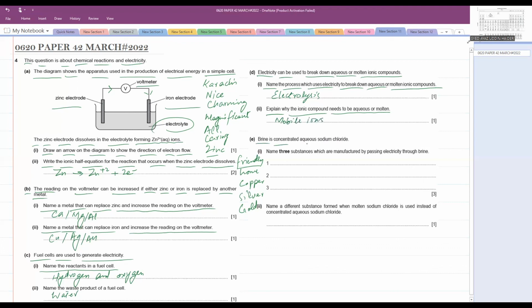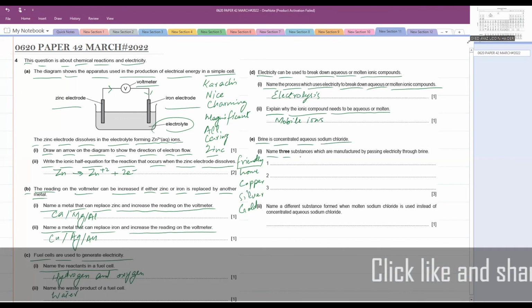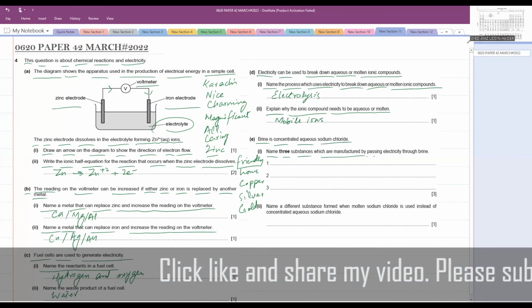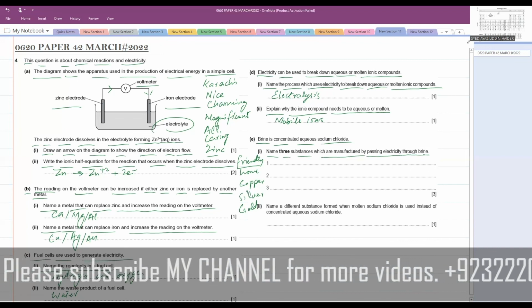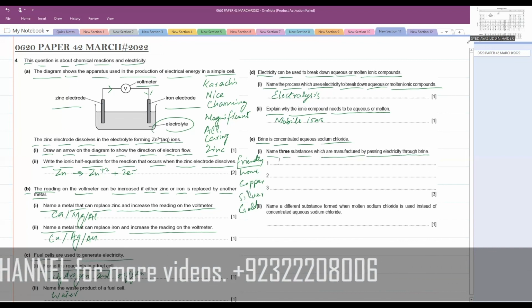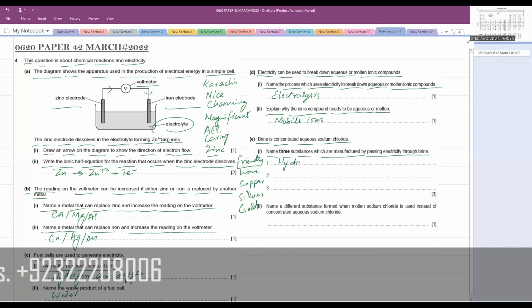E. Brine is concentrated aqueous sodium chloride. Name three substances which are manufactured by passing electricity through brine. It's very easy. We get hydrogen at the cathode as it is lower than sodium in the reactivity series.